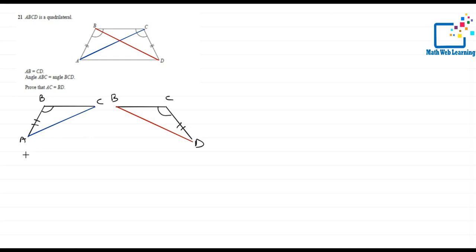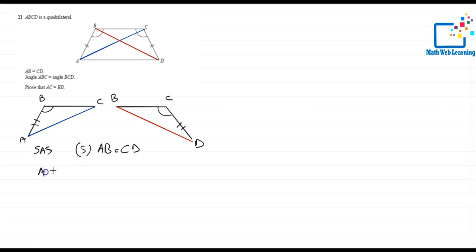Now we're going to be able to say the two triangles ABC and BCD are congruent to each other. We will be using the SAS, side angle side property. Alright, so now we've been told that the first side AB is equal to CD, clearly indicated in the diagram.